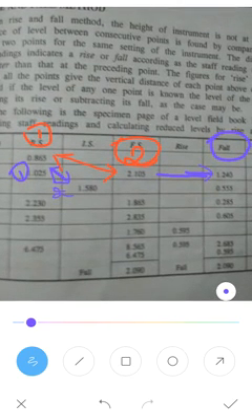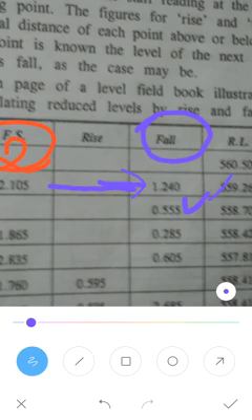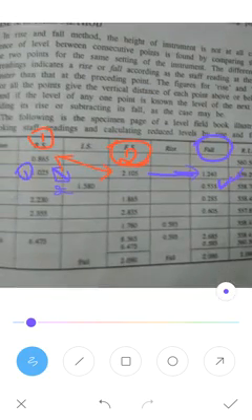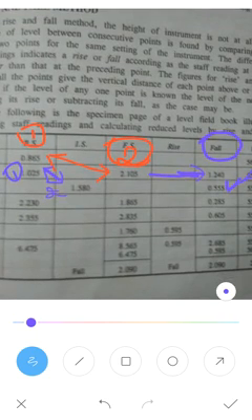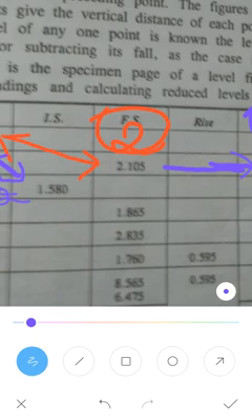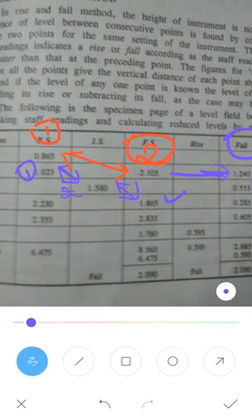You will get minus 0.555, that's why it is in the fall column. Next, after this, I told you it has to move in the zigzag manner only, in this direction only. After the intermediate sight, the last point is the foresight, so that's 1.865.